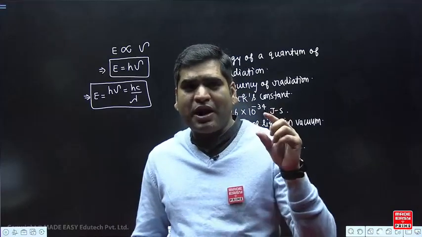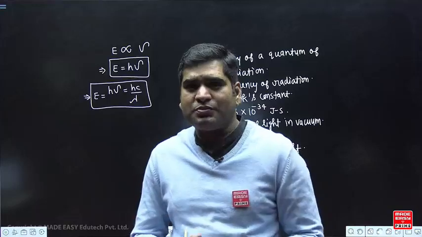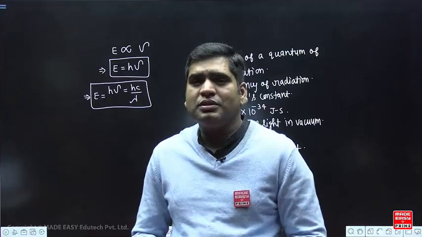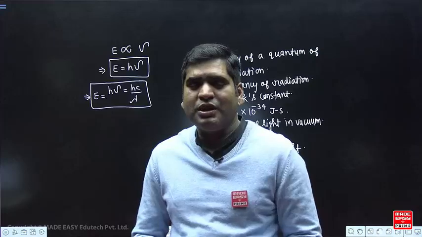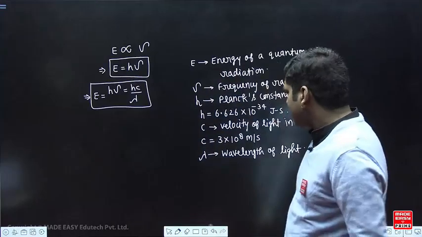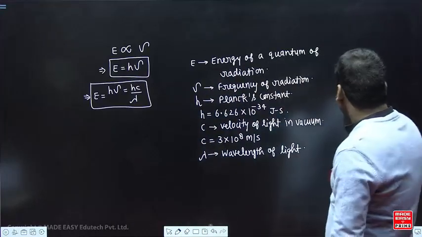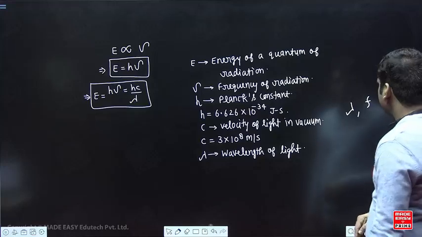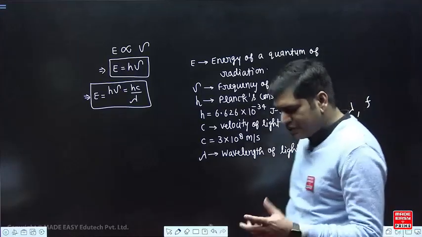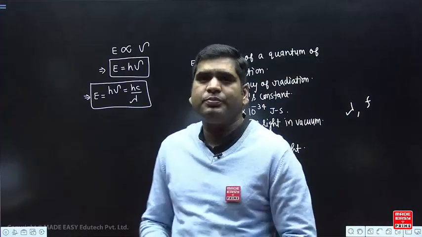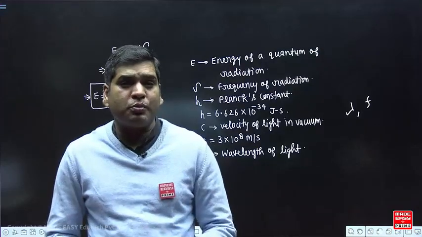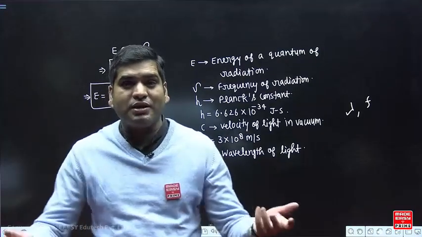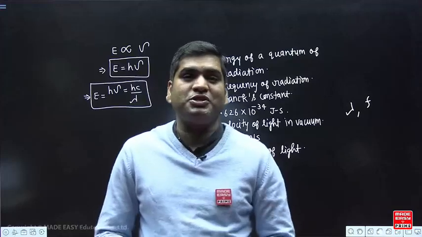Since if same particle is behaving like wave, same particle is behaving like particle, so there must be some interlinking point. What is that interlinking point? Because to define the character of wave, you should know the frequency, you should know wavelength. These are the attributes related with the wave. But to define the characters of a particle, you should know the momentum, how does it collide and how does the momentum changes.